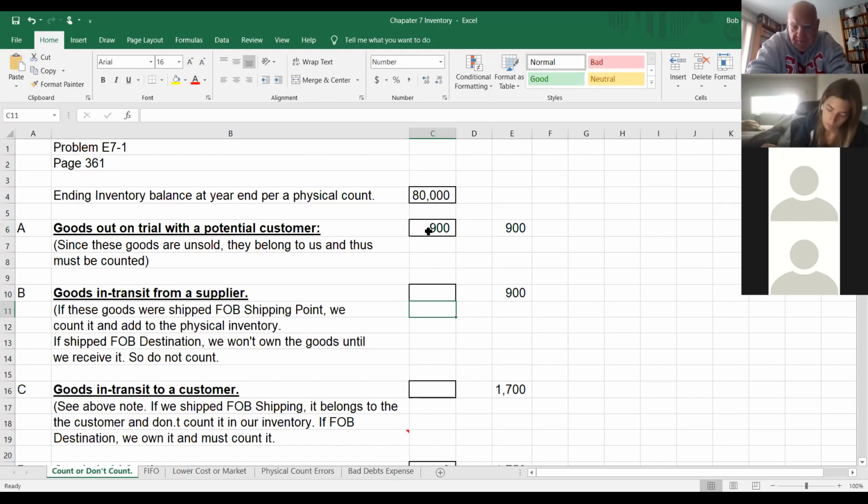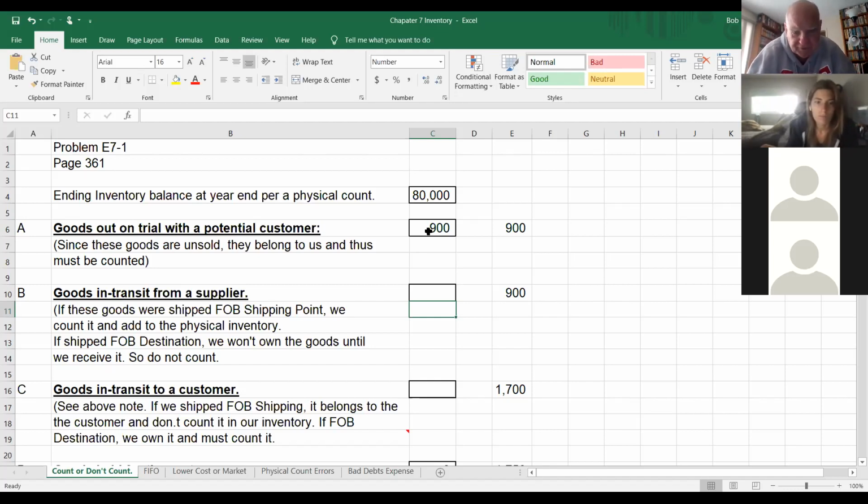It's the point in time where the owner no longer owns the goods and is thus no longer responsible for it. Not responsible for the freight charges, not responsible for insurance, okay? So we have to understand the items that are FOB, meaning in transit.